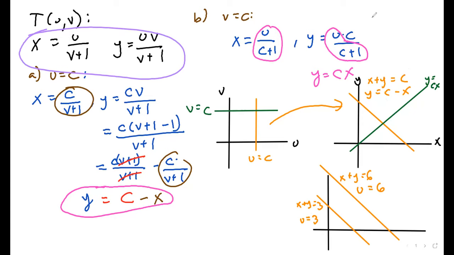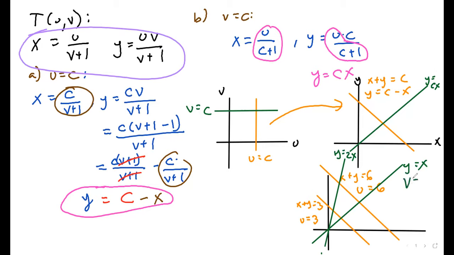The other 2 lines had equation y is equal to x, like that, and then the other line has equation y is equal to 2x. And again, y is equal to cx corresponds to v is equal to c.